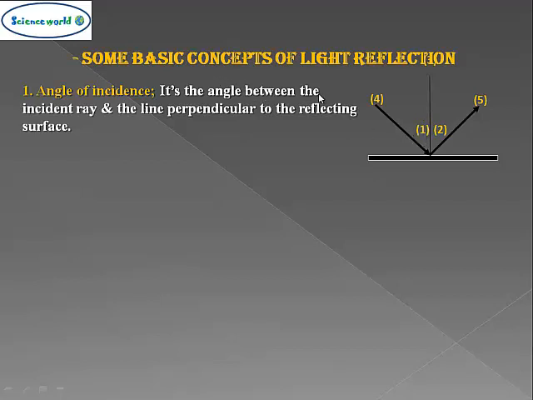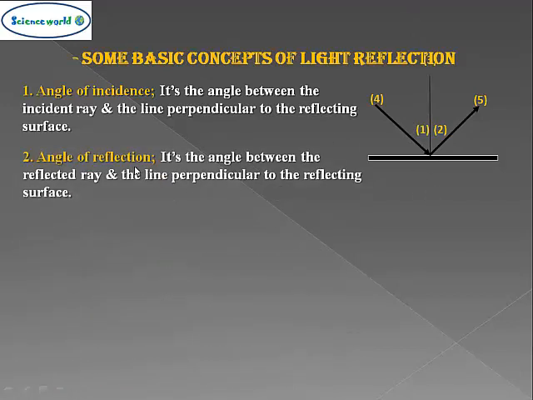It is the angle between the incident ray and the line perpendicular to the reflecting surface. This line is perpendicular, so this angle is called the angle of incidence, as it is between the incident ray and the normal line, or the perpendicular to the reflecting surface.